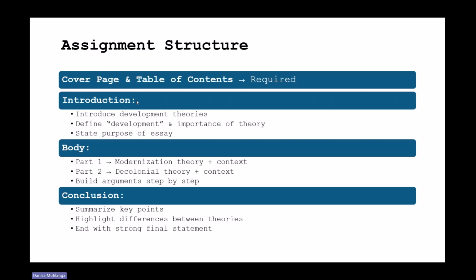You need to introduce the development theory. Since our assignment today is on development theory, versus modernization theory as well as their formation, we're going to introduce the two. So in the introduction, we're going to define development and the importance of the theory.